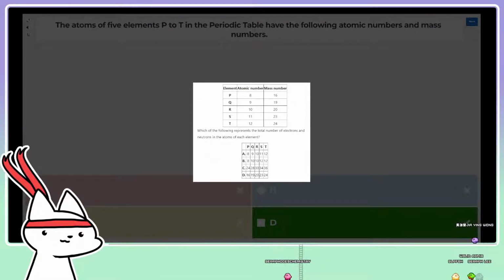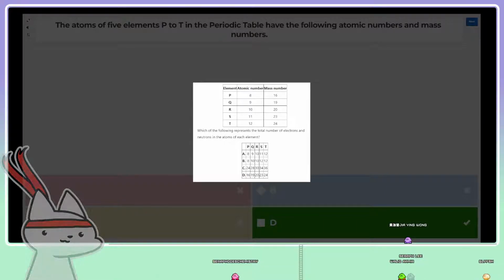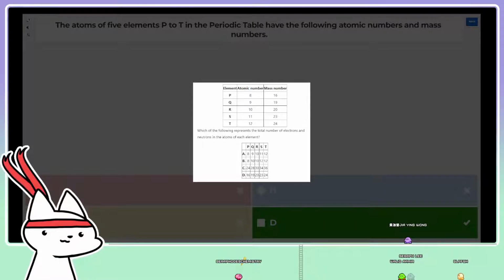Atomic number will be proton number. If we look at the question, they want the total number of electrons and neutrons. Since electrons are the same as protons, this is actually asking us for the mass number. In other words, it will just be following the mass number: 16, 19, 20, 23, 24.